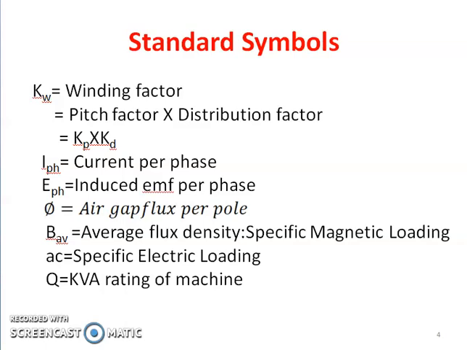IPH is current per phase. EPH is induced EMF per phase. Phi is flux per pole. B average is average flux density. Also it is referred to as specific magnetic loading in case of induction motor. AC is specific electric loading and Q is kVA rating of machine.